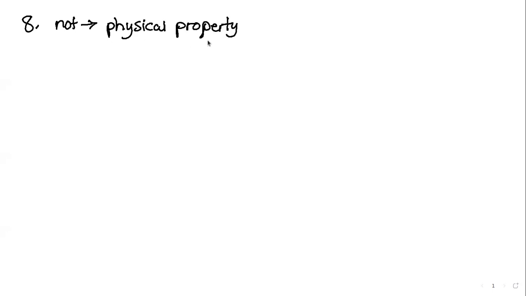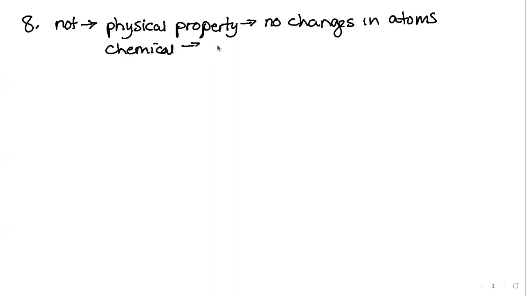Okay, so you've got a physical property where there are no changes in the atom arrangement when you look at them, or you have a chemical property which talks about rearranging atoms. So let's judge this on the basis of this. Melting point.